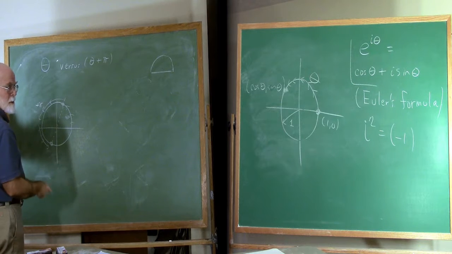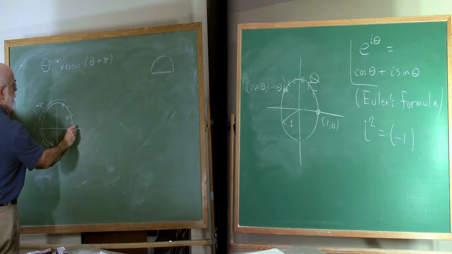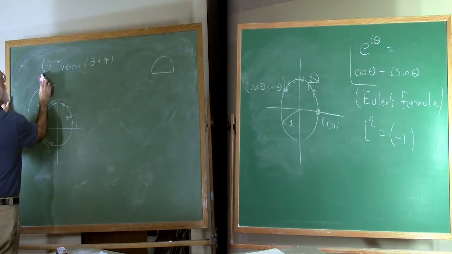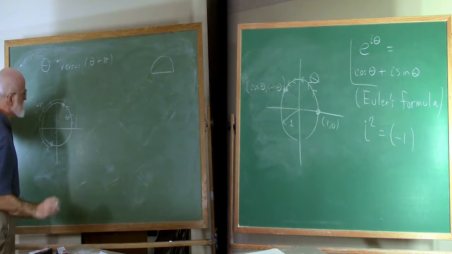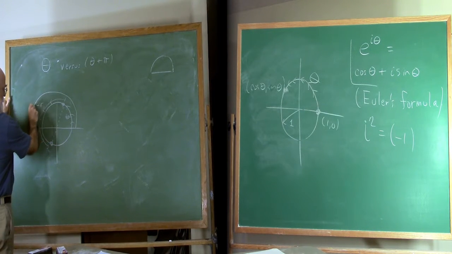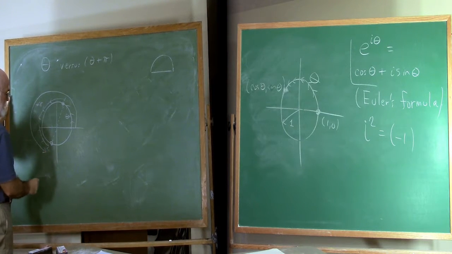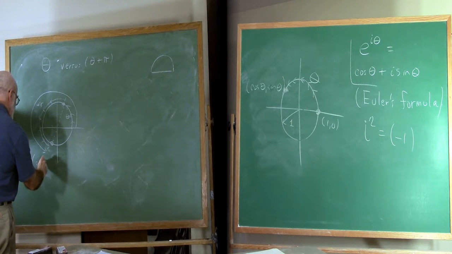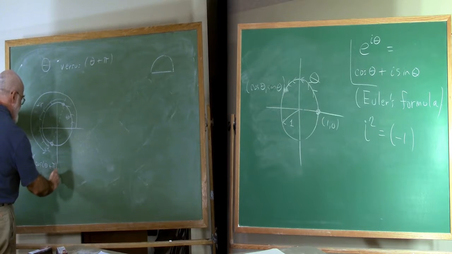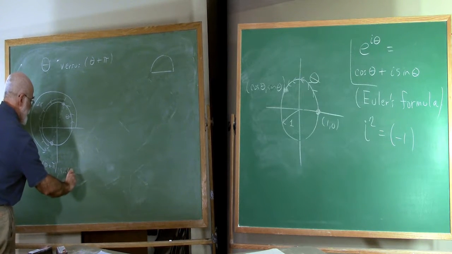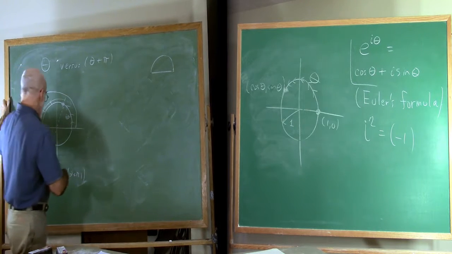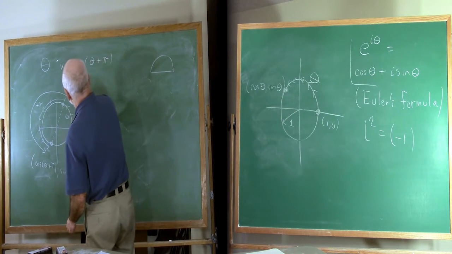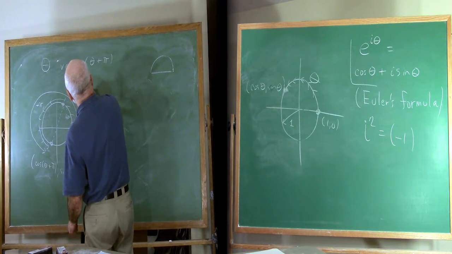Or to get the entire picture, the theta plus pi is occurring right about here. That'll be cosine of theta plus pi, sine of theta plus pi. That's down here. We reflected through the origin from that dot, cos theta, sin theta.